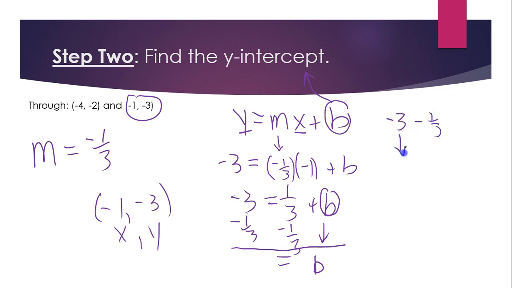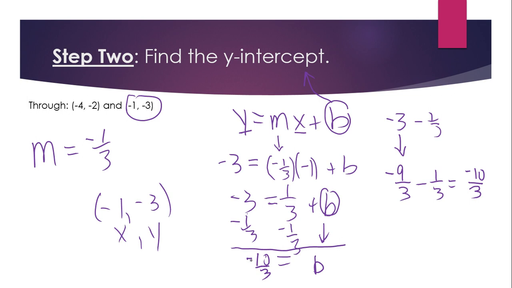I'm going to rewrite -3 so that it has a common denominator of 3, like the -1/3 fraction does. I know that's -9/3. And then when I subtract these, -9 minus 1 is -10, and I keep that common denominator there. So your b value is -10/3.